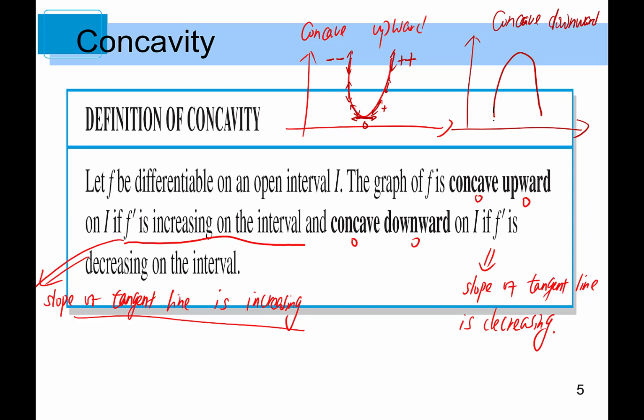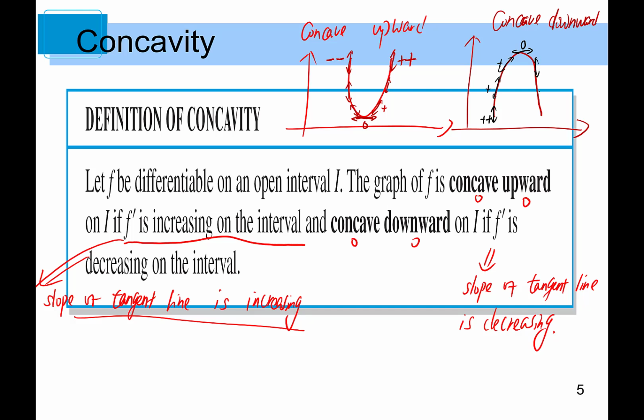Then if you look at the slope of the tangent line, it starts with a positive value, then becomes smaller and smaller, and at the extreme here it becomes 0 with the horizontal tangent.